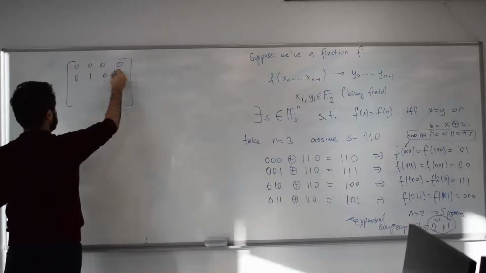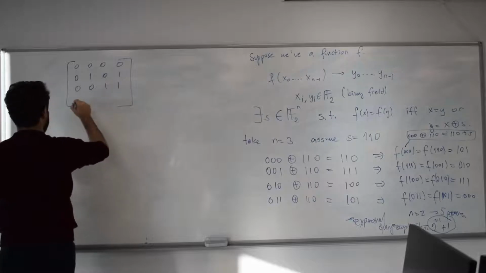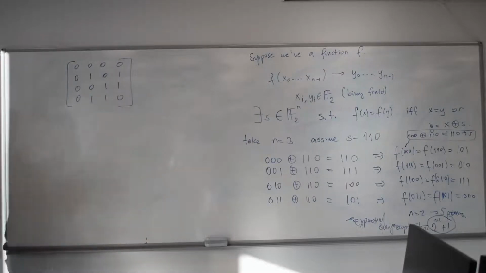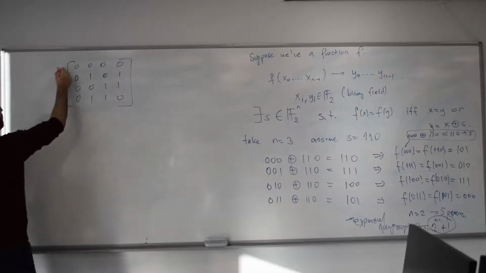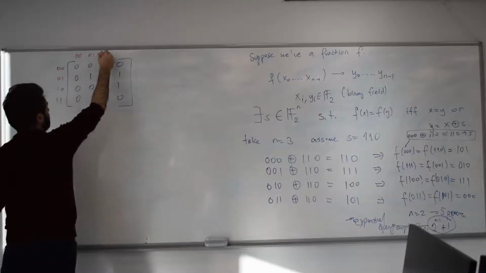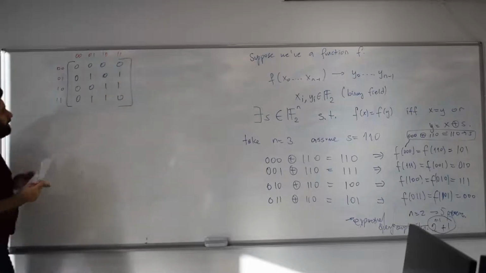The rows are 0, 0, 0, 0; 0, 1, 0, 1; 0, 0, 1, 1; and 0, 1, 1, 0. And I want you to name the rows and columns 00, 01, 10, 11.